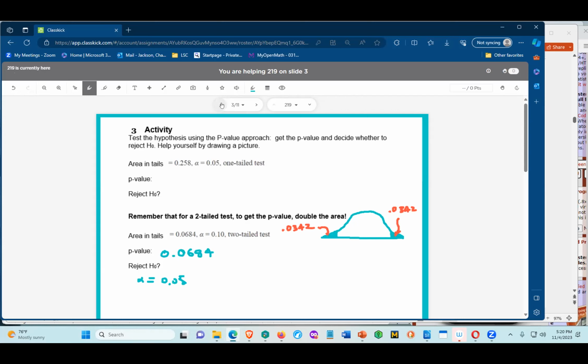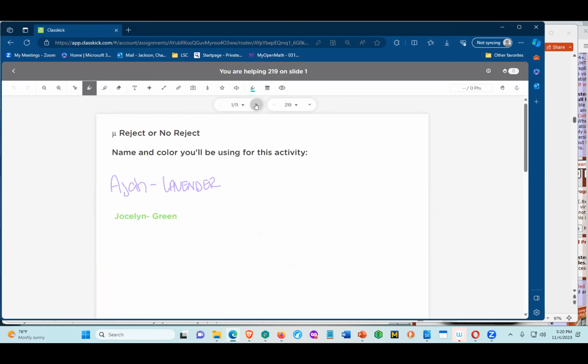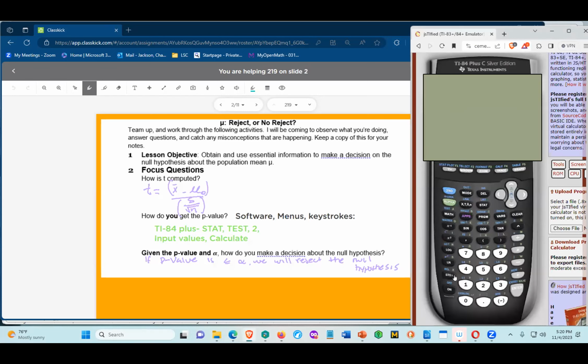Now, in slide 2 here, Jocelyn says stat test 2, t-test, and that is the right kind of t-test.